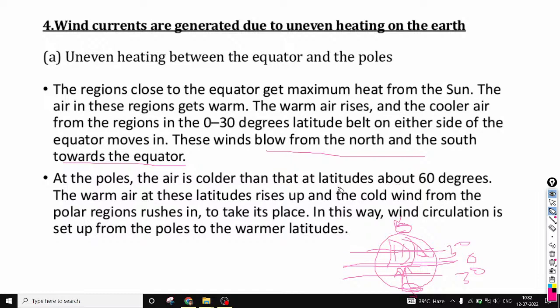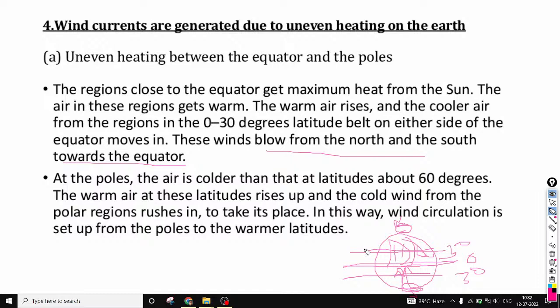At latitude about 60 degrees, the warm air rises up, and the cold winds from the polar region rush in to take its place. In this way wind circulation is set up from the poles to the warmer latitudes, filling the empty places left by the warmer air.